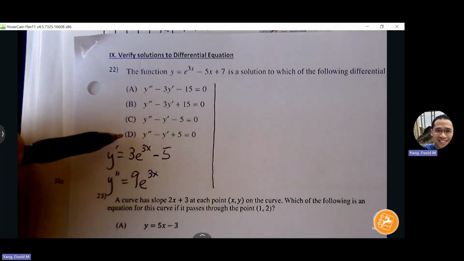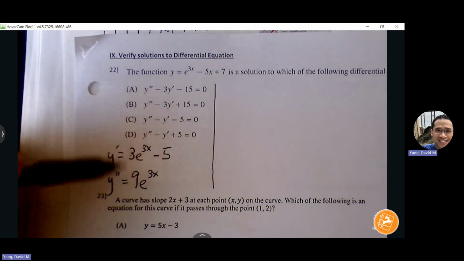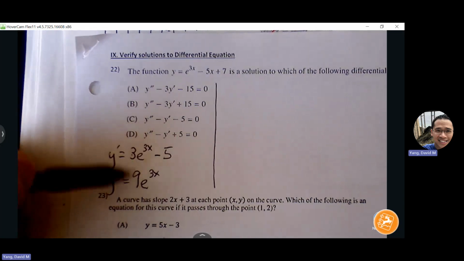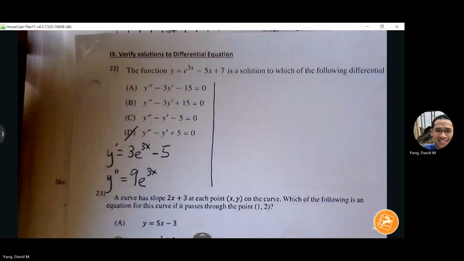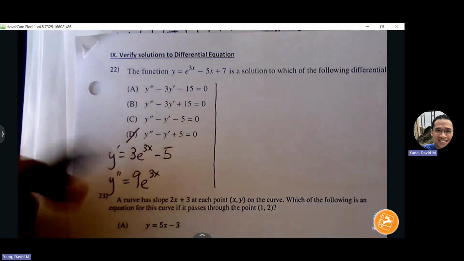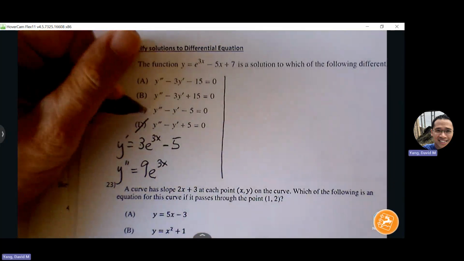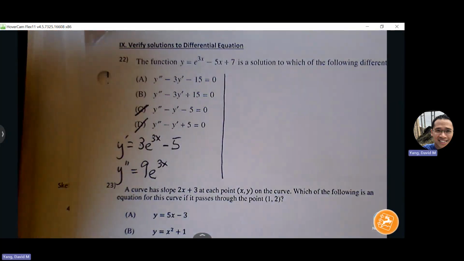Looking at option D, if I plugged in 9 minus 3, there's no way these can cancel out. I have to find a way where the 3 and 9 can cancel out. C is not going to do it either. It's either A or B. Which one will get me there?